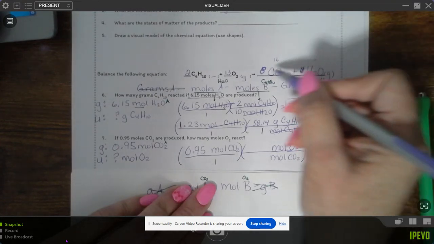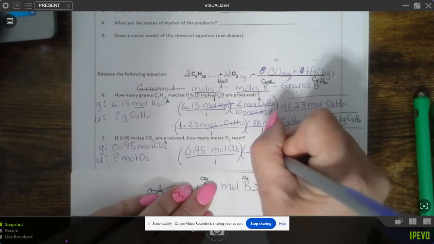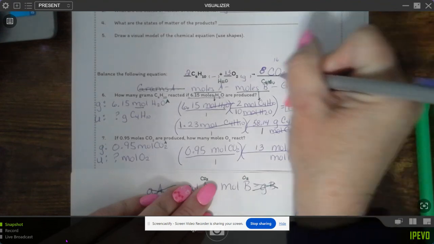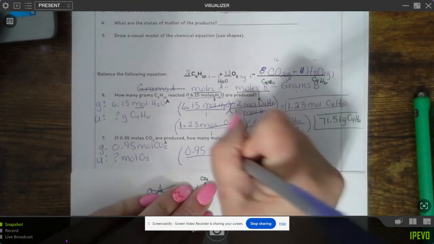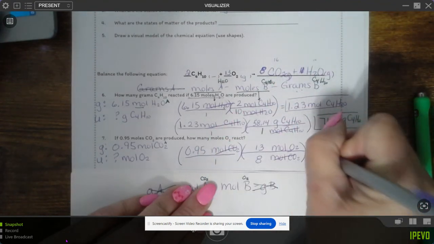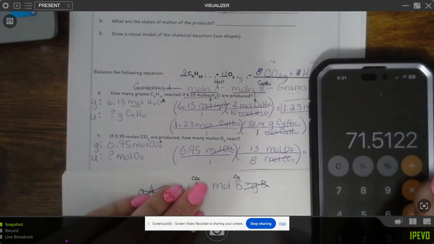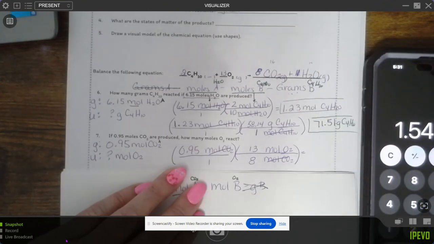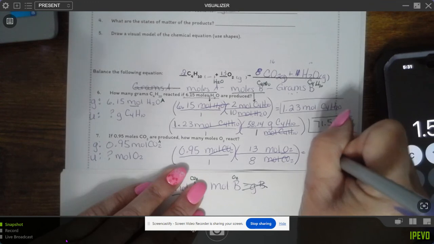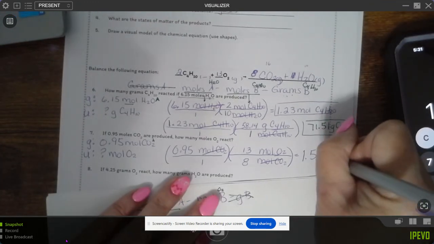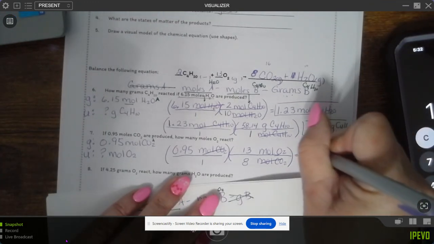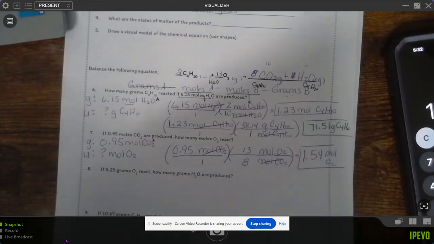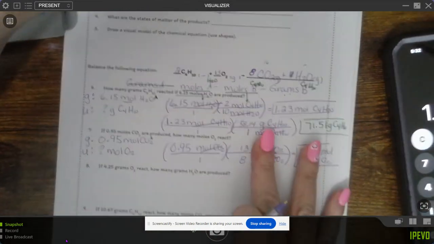Moles of O2 is 13. Moles of CO2 is 8. My units cancel. I'm going to do that math: 0.95 times 13 divided by 8 is 1.54 moles of O2. Okay. All right.